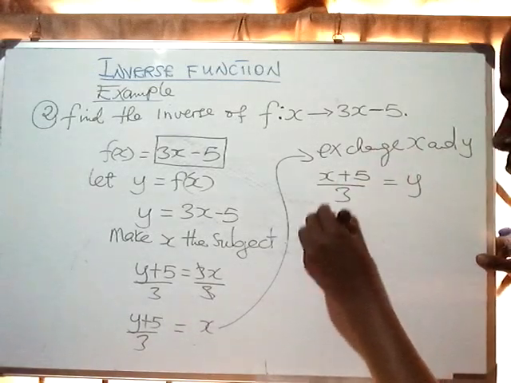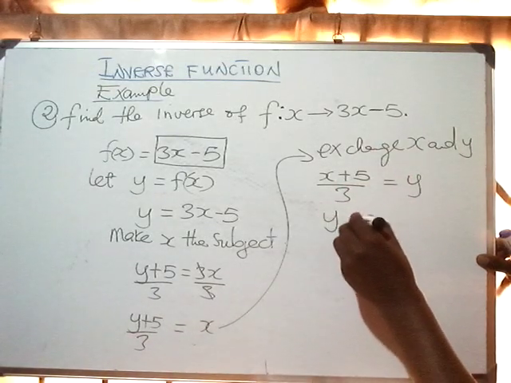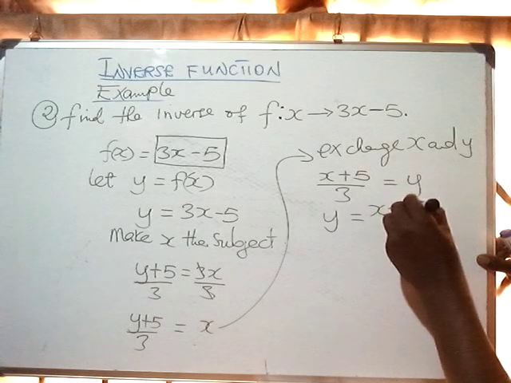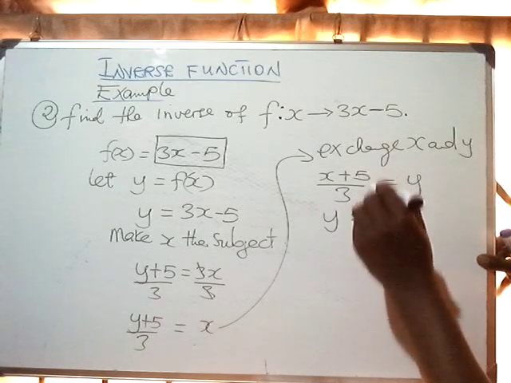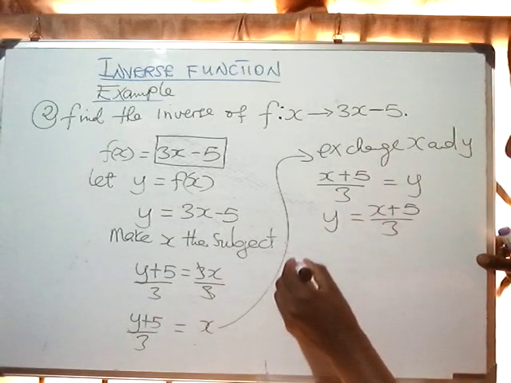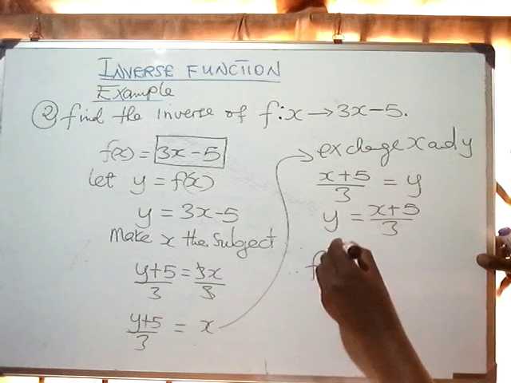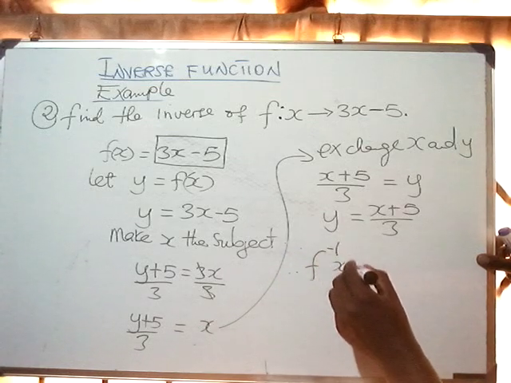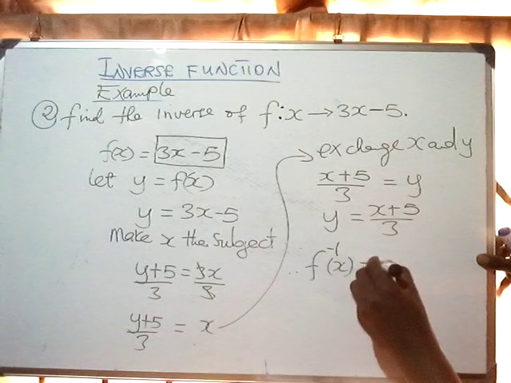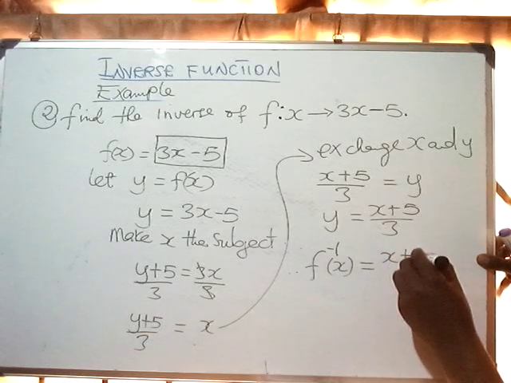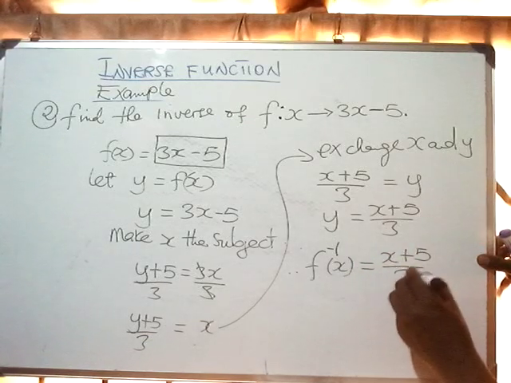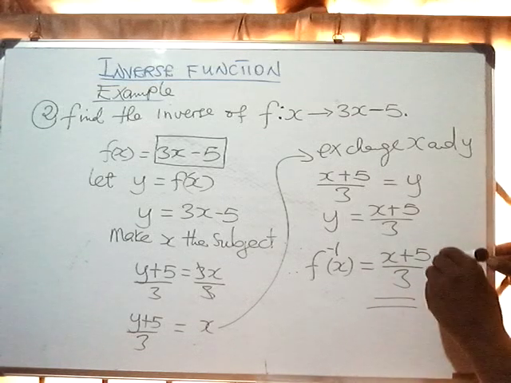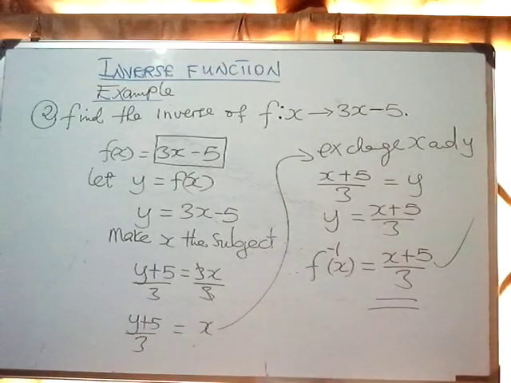This can also be written as y is equal to x plus 5 over 3. Therefore, the f inverse of that function is equal to x plus 5 over 3. So this marks the end of this example.